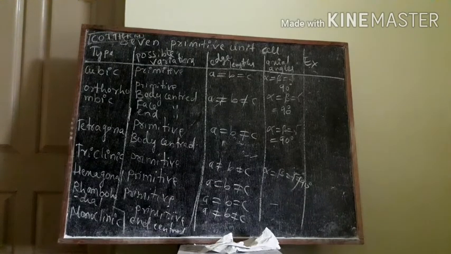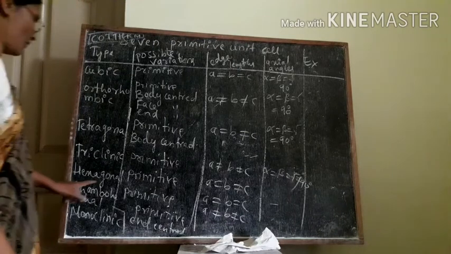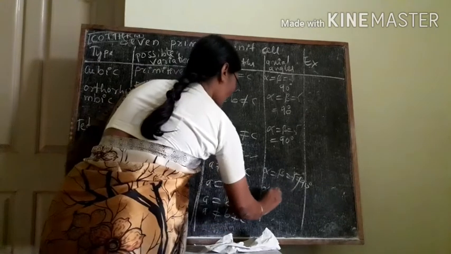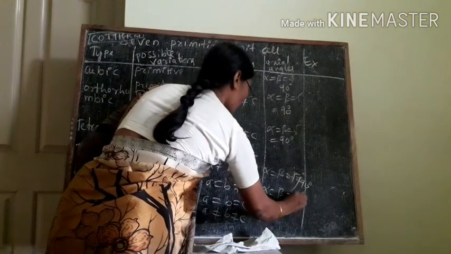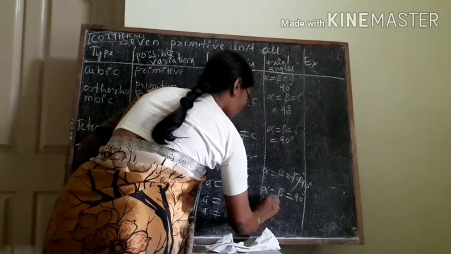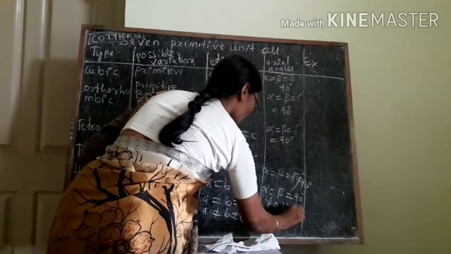In this case, alpha and beta are 90 degrees, but gamma is 120 degrees.